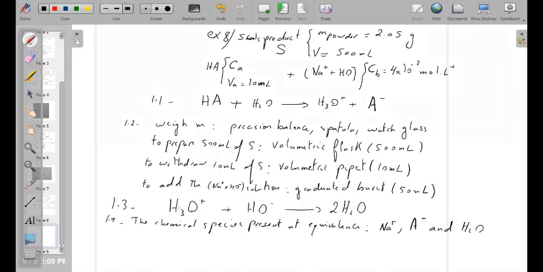At equivalence, we have no H3O+ nor HO-. Na+ and A-, the cation of a strong base and the anion of a strong acid, are indifferent or spectator ions.